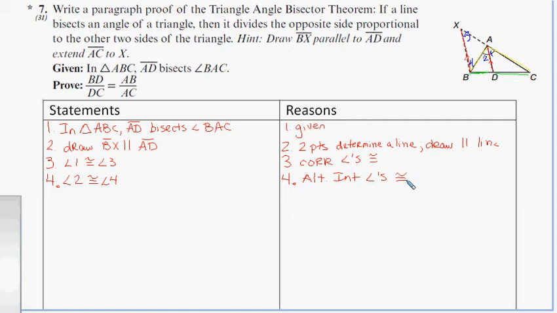Okay, so now what we want here is we're going somewhere with this, okay? We're going to be able to use the transitive property here, but now that we know that we already knew that angle 1 and angle 2 were congruent to each other. That was given to us, okay? We know that we've stated that angle 1 and 3 are congruent.